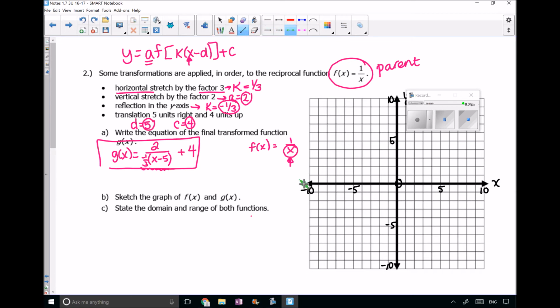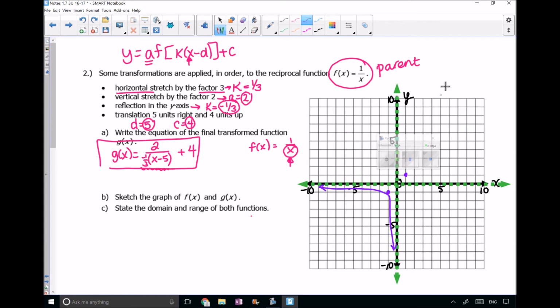We have an asymptote where y equals 0, and also an asymptote where x equals 0. So the graph is going to try to touch those lines, but it is not going to be able to. We also have the critical points 1, 1, and -1, -1. And then our graph is going to look like this. This is our parent function right here.